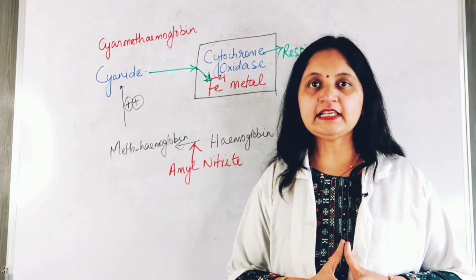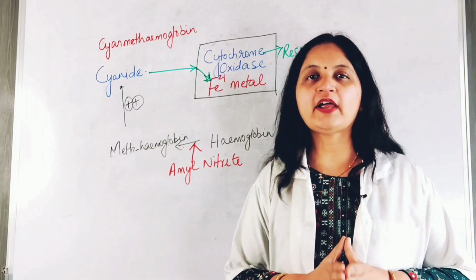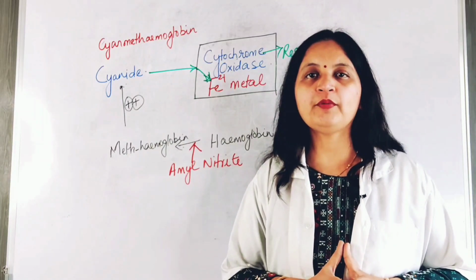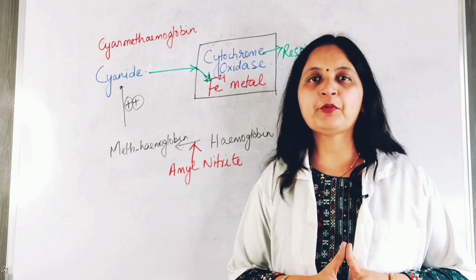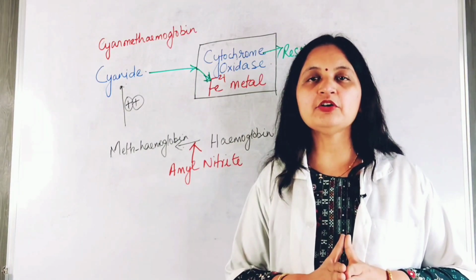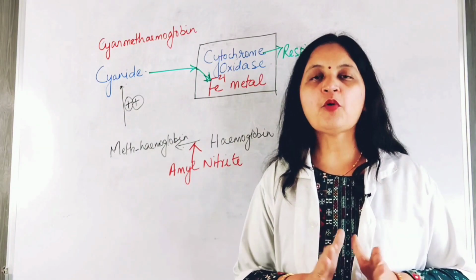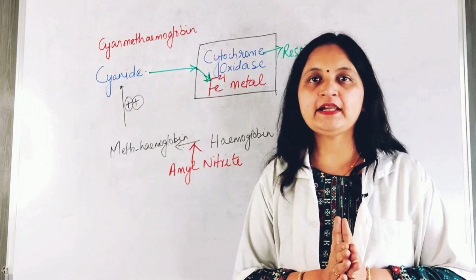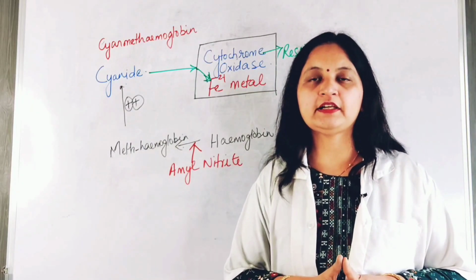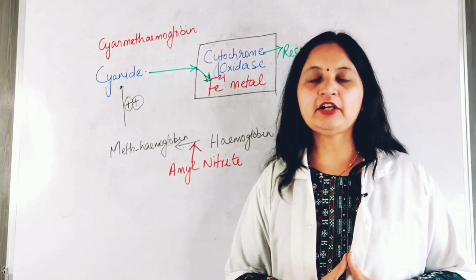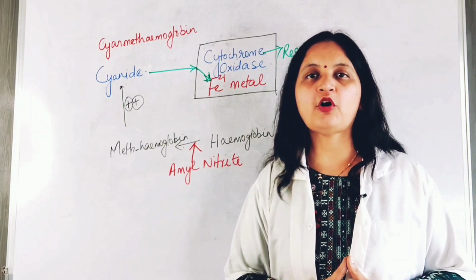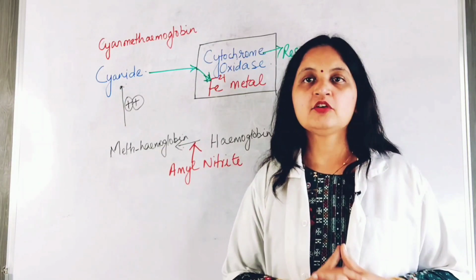Thus, cyanide toxicity can be treated with amyl nitrite which forms cyanmethemoglobin which can be easily removed from the body with the help of sodium thiosulfate, and cytochrome oxidase function is spared and respiration is protected. So in this way, amyl nitrite can be used for the treatment of cyanide toxicity.